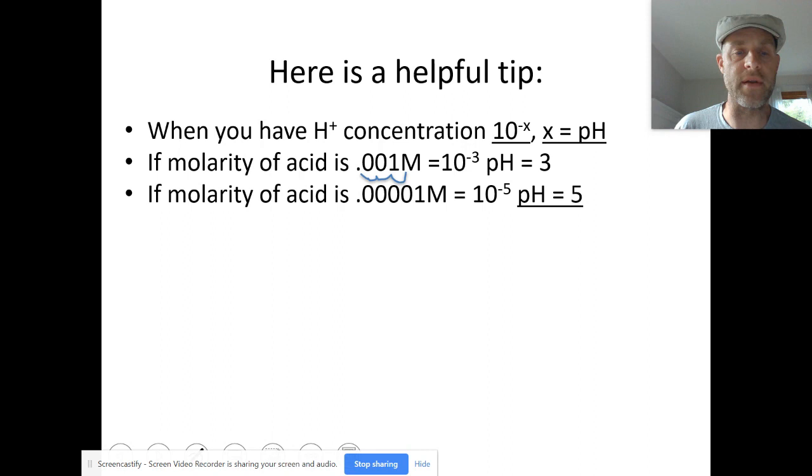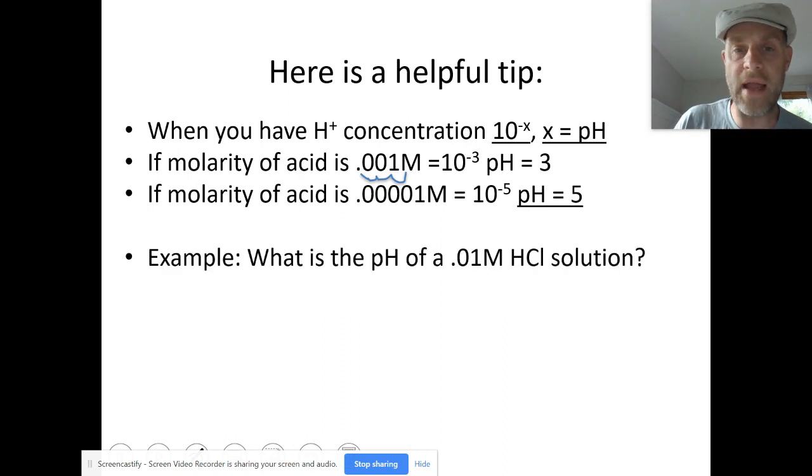Here's another one. If the molarity of acid is 0.00001, you get 10 to the negative 5, because the decimal gets moved over 1, 2, 3, 4, 5. Five spots, so the pH would be 5.